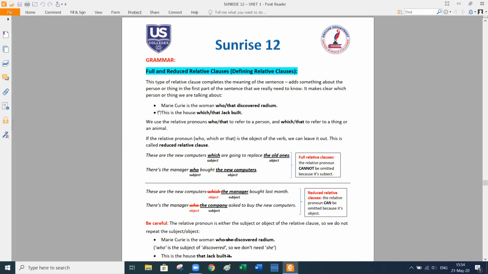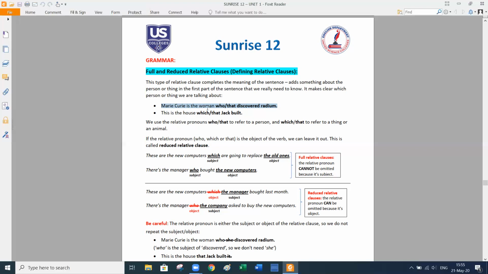Now, let's look at these examples. Marie Curie is the woman who or that discovered radium. When we say Marie Curie is the woman, we use the definite article here. So the woman here needs to be defined.